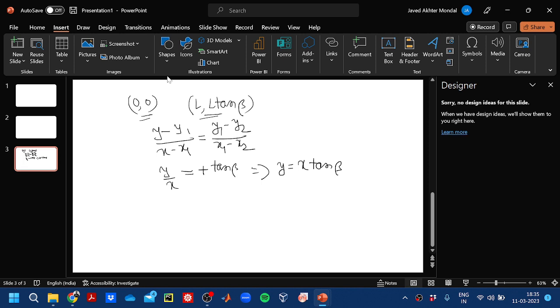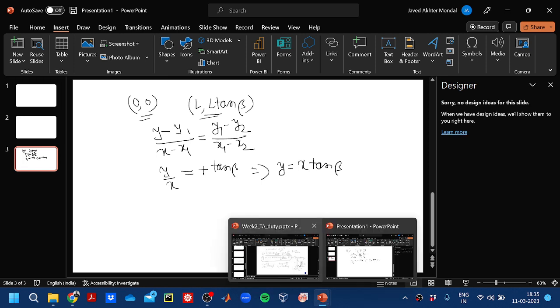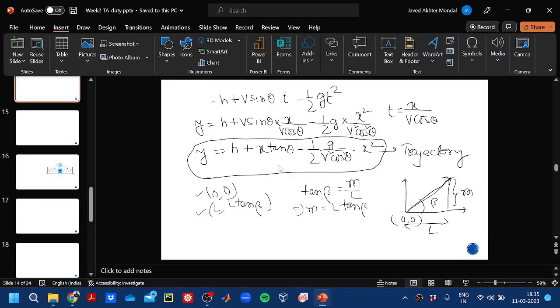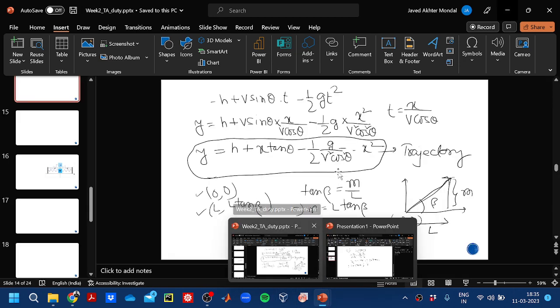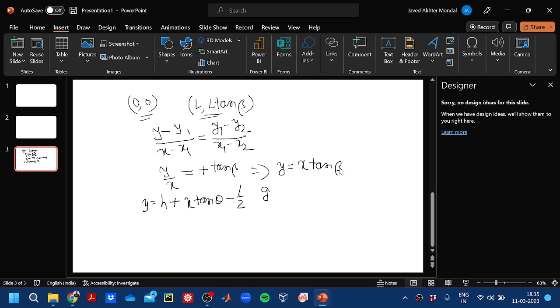And what is the equation of the trajectory of the ball? So equation is h plus x tan theta minus half g divided by v square cosine square theta into x square.